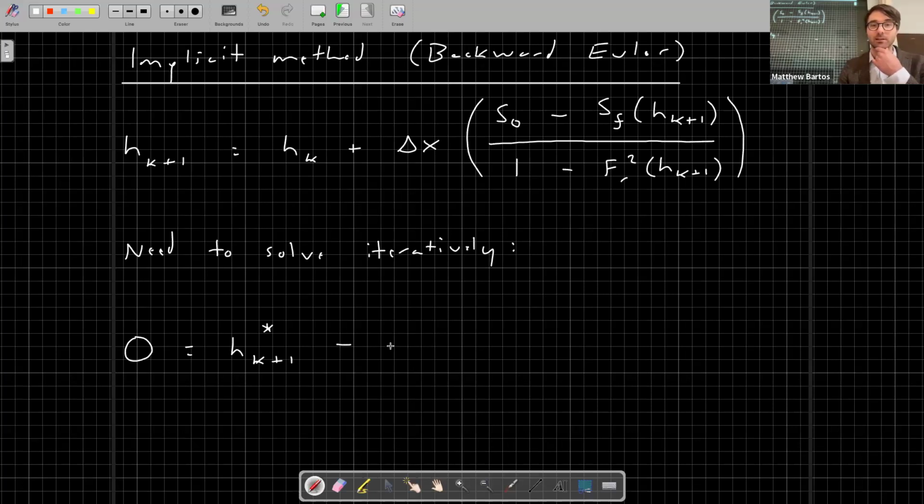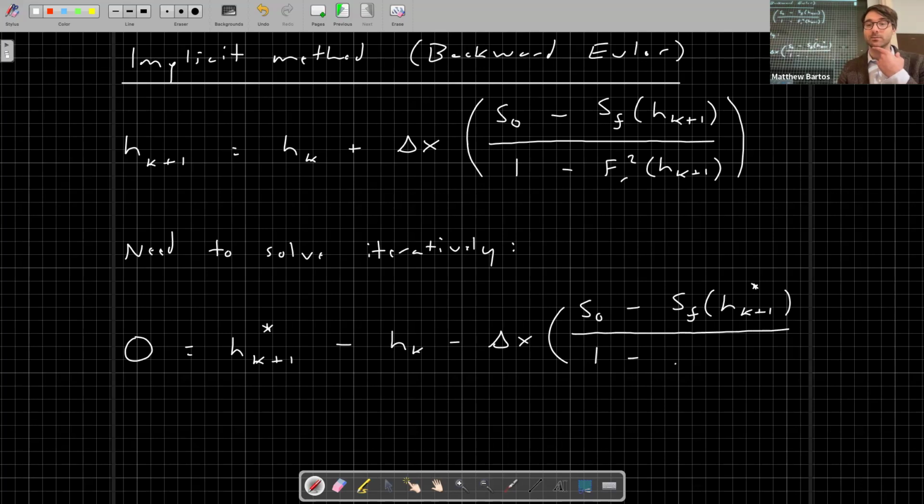So that'll be hk minus delta x times quantity, bottom slope minus the friction slope evaluated at our trial value of hk plus 1 star divided by 1 minus the Froude number squared evaluated at our trial value of hk plus 1.